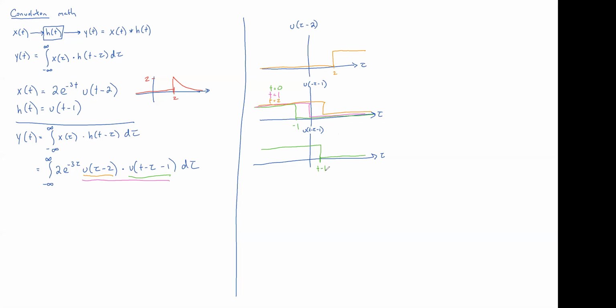And again, you could see that by asking yourself, for what value is this argument 0? For what values of tau is t minus tau minus 1 equal to 0? Because when the argument of the step is 0, that's when it does its thing. And we're interested in what value of tau, since that's our independent variable, and we can solve by pulling tau out to the right, and that's equal to tau equals t minus 1.